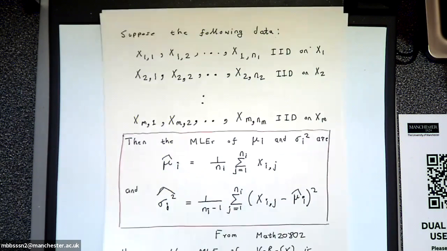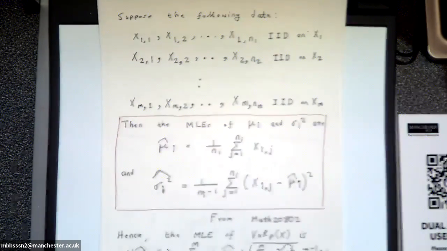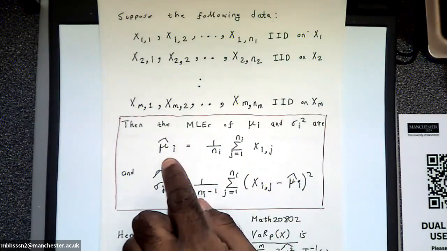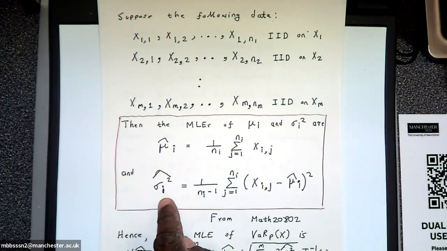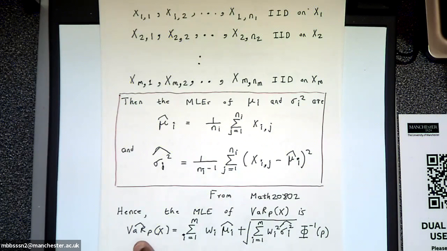Then you should know from stat methods that this is the estimate for mu hat i, and this is the estimate for sigma i squared. So hence the MLE for VaR is given by this formula here.